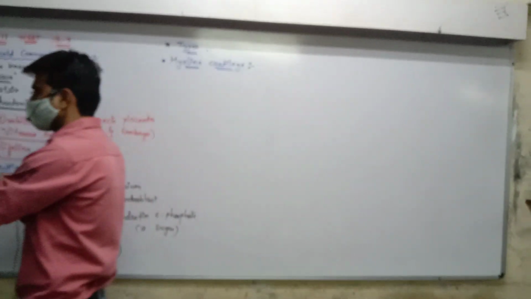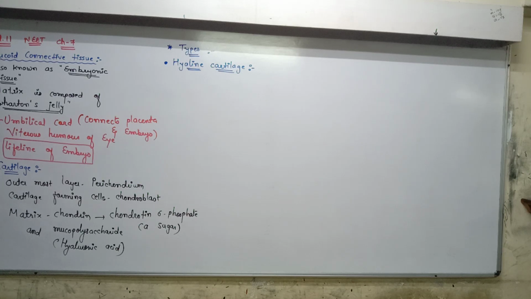It is modified hyaline cartilage because of deposition of calcium salts in its matrix, and it becomes hard like bone.